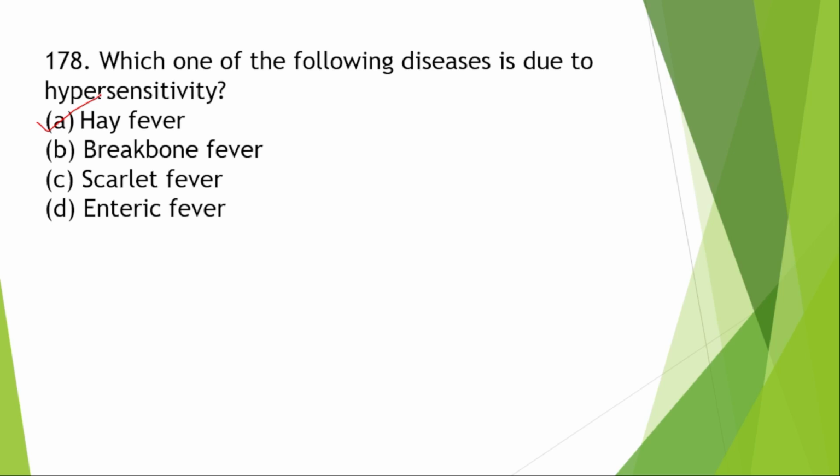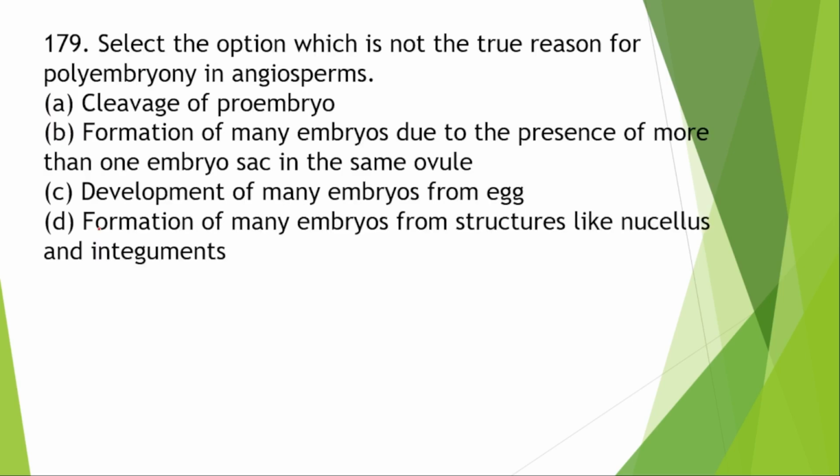This is the type 1 hypersensitivity reaction, whereas breakbone fever is another name for dengue, scarlet fever is a bacterial infection caused by Streptococcus pyogenes, and enteric fever is also commonly known as typhoid. 179.